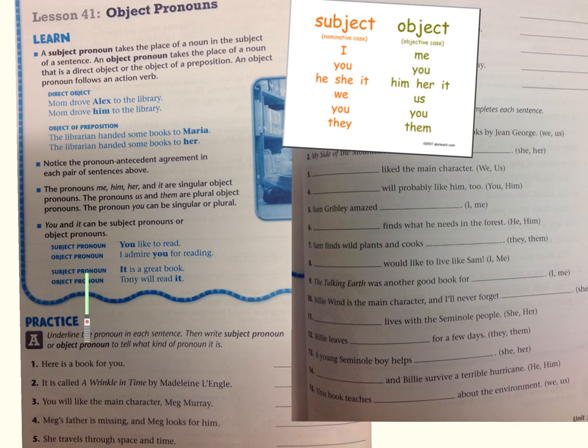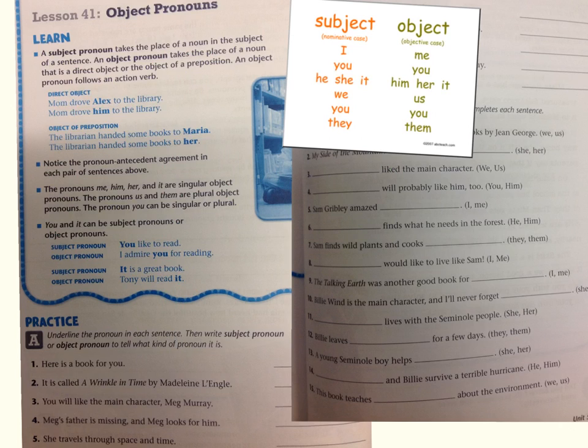Next thing with it, subject pronoun: it is a great book. It is replacing the book, and so that is the subject of the sentence. So that's going to happen at the very beginning of the sentence. And then as an object pronoun, Tony will read it. All right? Tony is the subject, so it is the object.